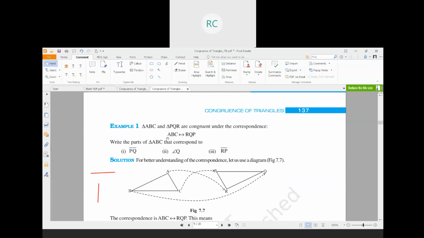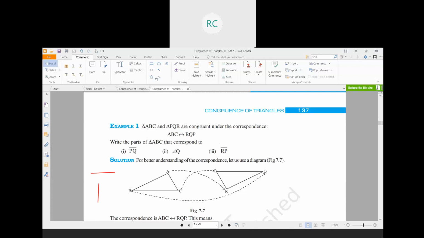In this example, it is given ABC, PQR are congruent under the correspondence ABC to RQP. However, they have given here the name of the triangle like ABC and PQR, but the corresponding parts are given like this.